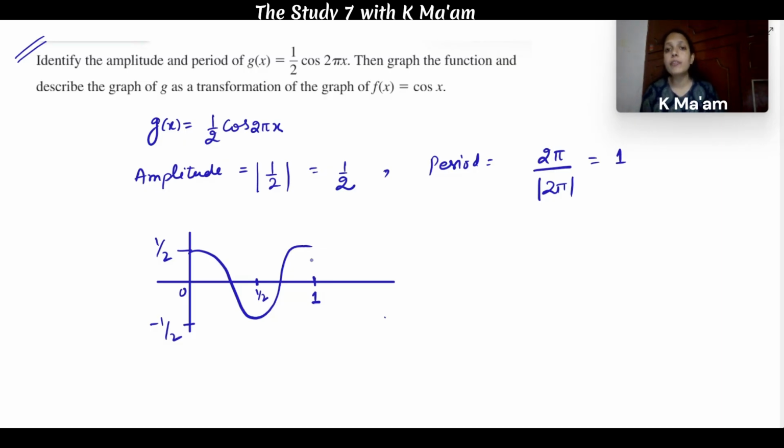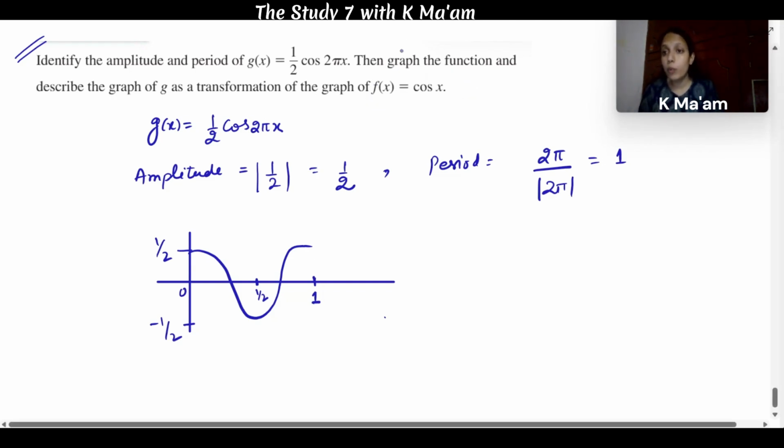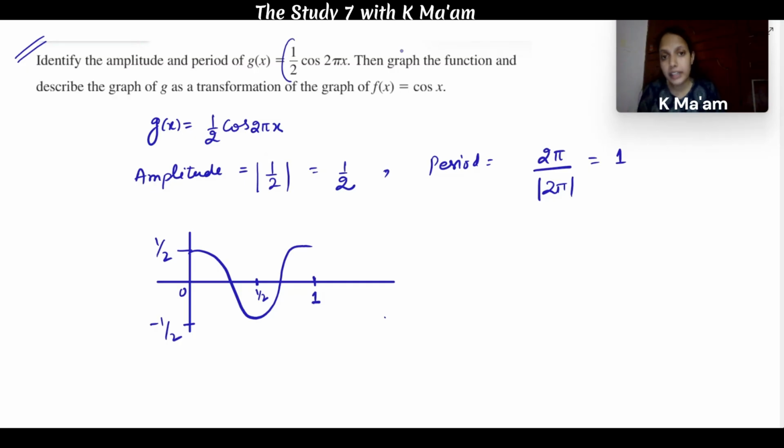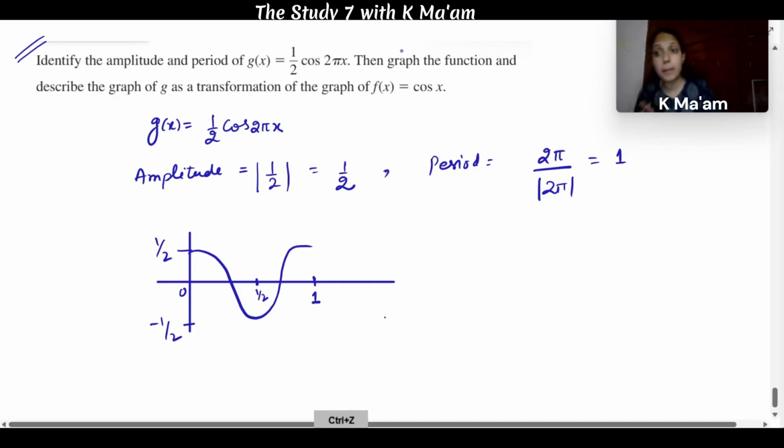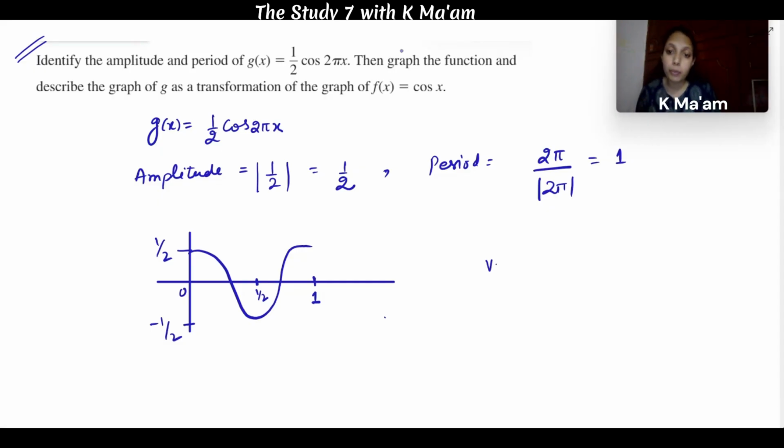Now we have to find what transformation is used if your original function is cos x. See, what is the vertical stretch or shrink and what is the horizontal stretch or shrink in this case? Outside is 1 by 2. Because the number is less than 1, in between 0 and 1, this is a vertical shrink by factor 1 by 2.